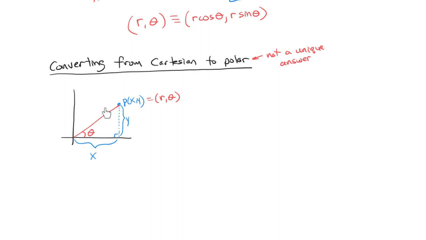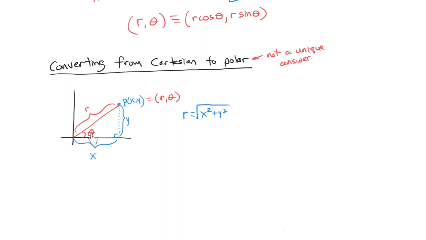We'll call this distance r, so r is just going to be the square root of x squared plus y squared.